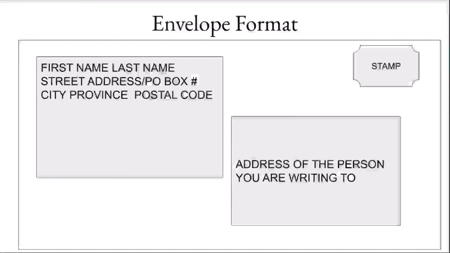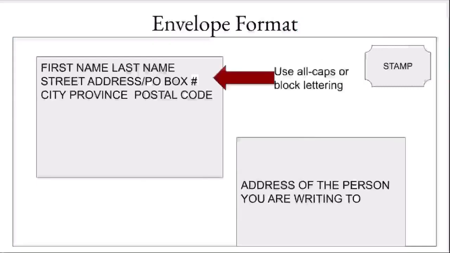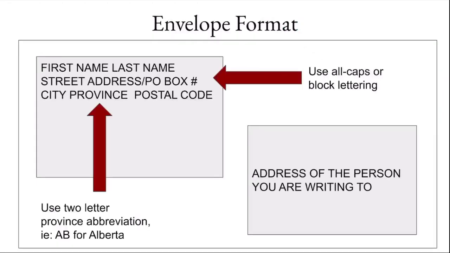So in the return address, you have your first name, last name, street address or post office box number, the city, province, and postal code. Now there are some rules. The first rule is that you are supposed to use all caps or block lettering. Next is you want to use a two-letter province abbreviation, AB for Alberta.